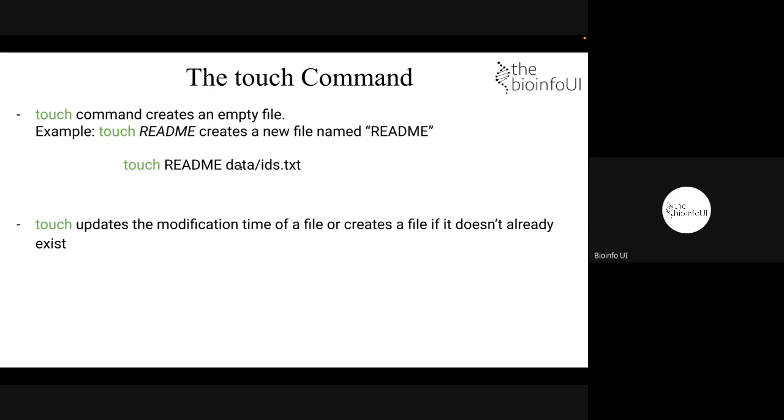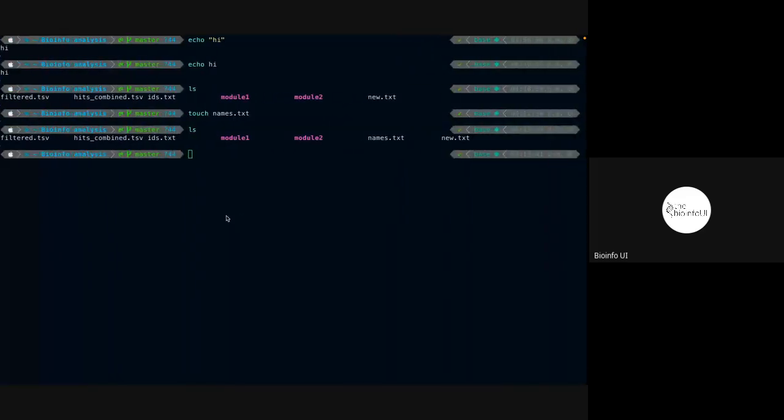The data and then the slash as seen here is the name of the folder where we want to create that ids.txt file. An example of that is, let's say I want to create a txt file inside module 2. All I need to do is use the same touch command, then specify the name of that folder and then the name I want to give the empty file.